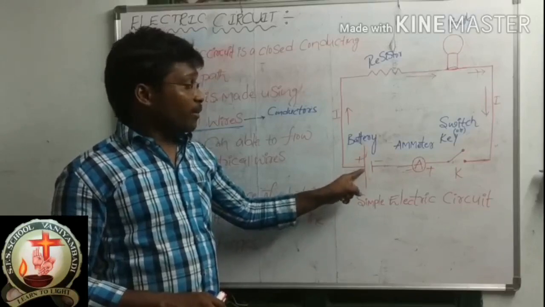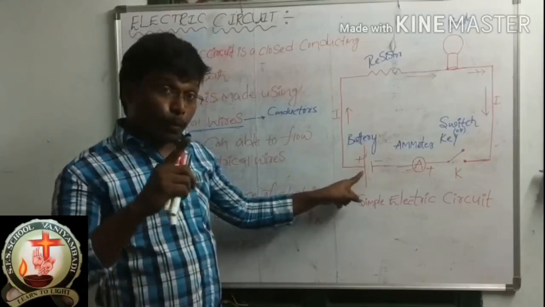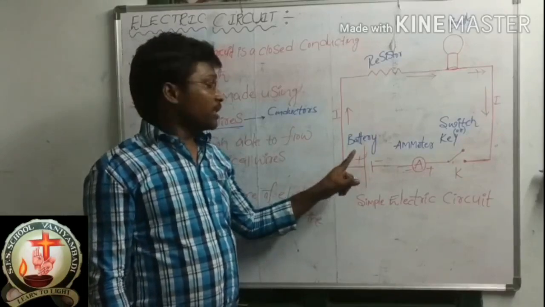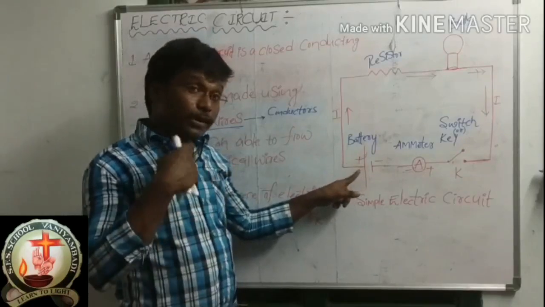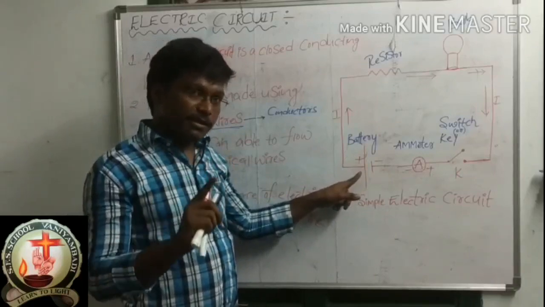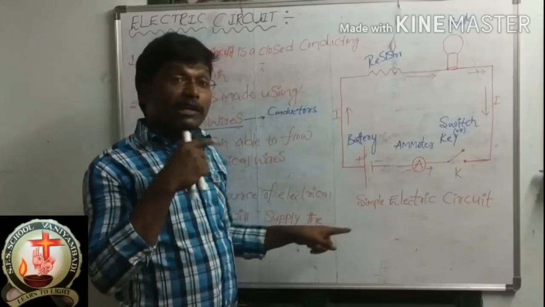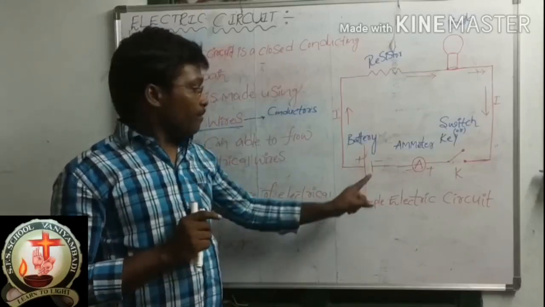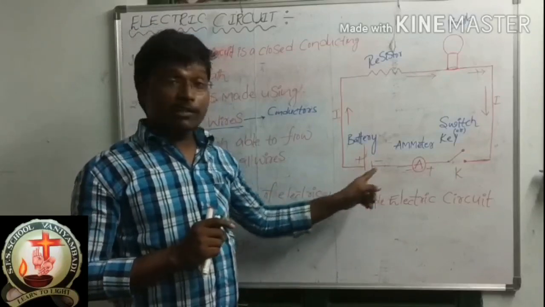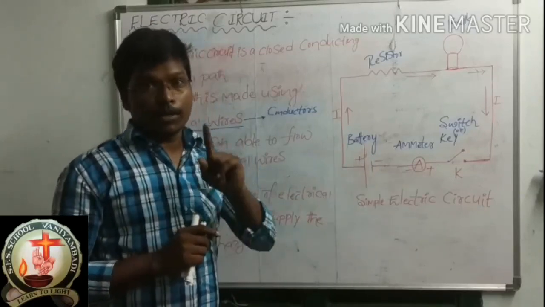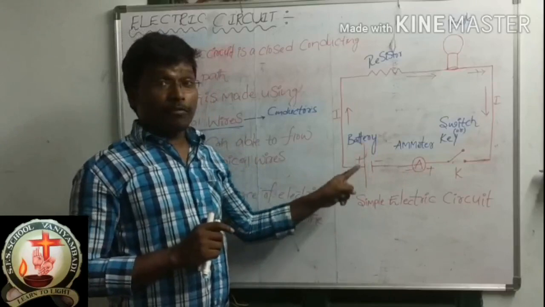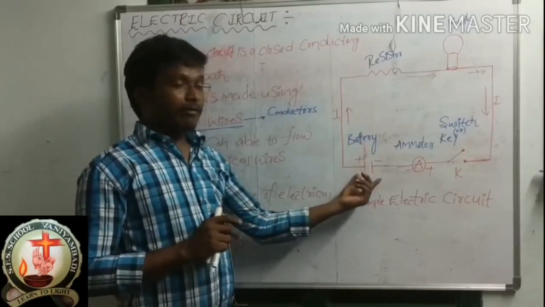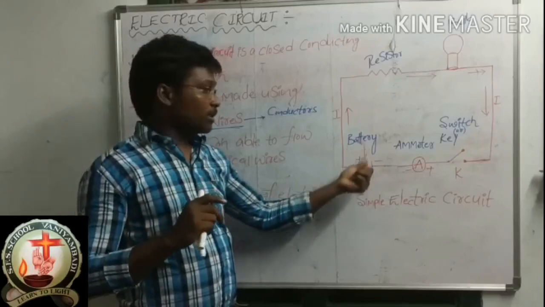This positive terminal will produce the positive charges. Otherwise, this positive terminal gives the positive charges. And this negative terminal gives the negative charges. Remember that the battery is the source of electric charges. So this battery has two terminals, positive and negative.